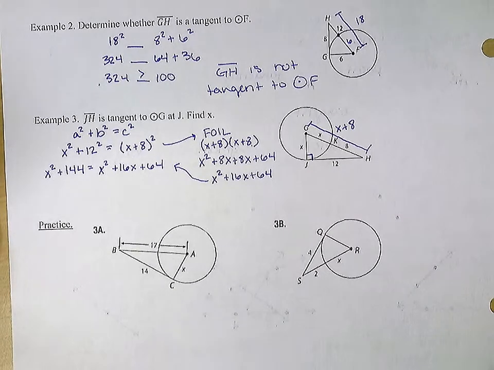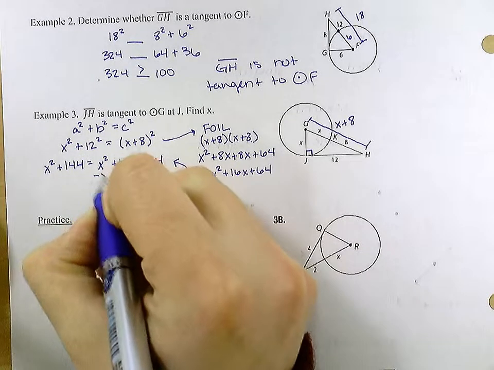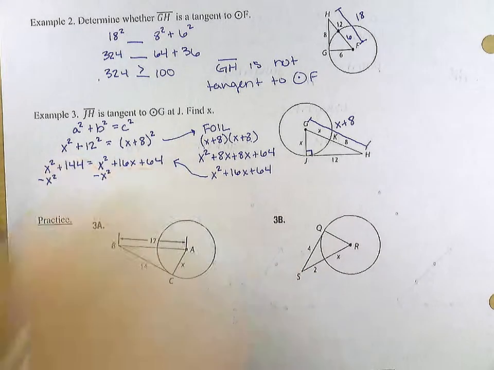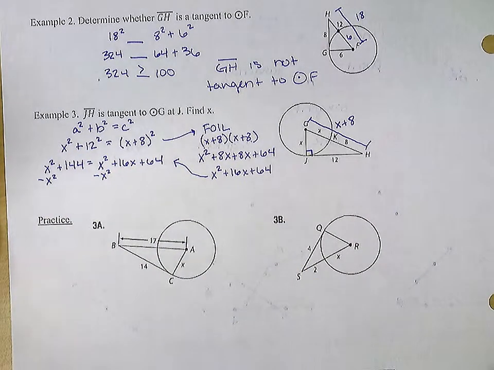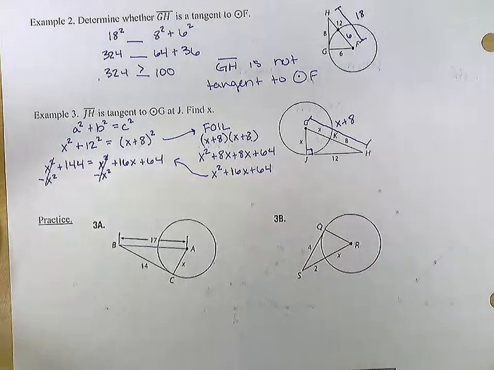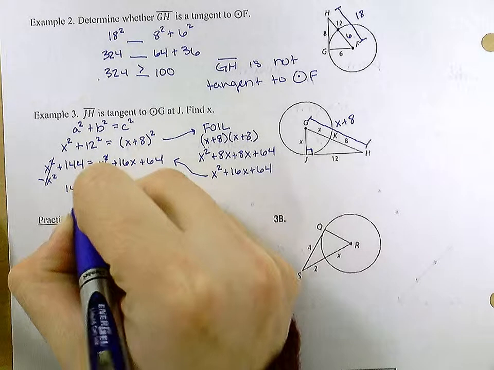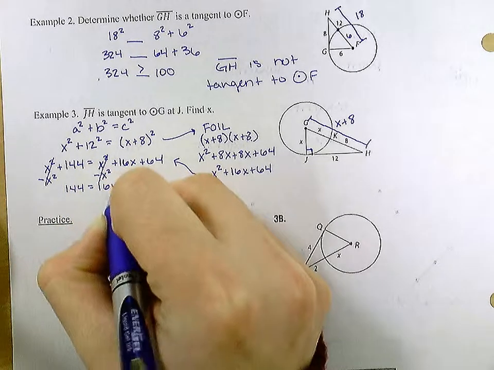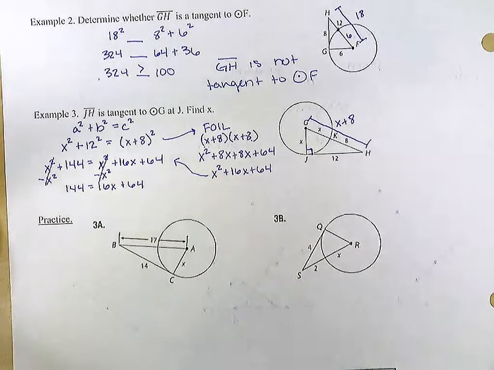All right, so from here, we want all of our x's on one side of the equation. Well, if I start with my x squareds, what happens? They cancel each other out. Okay, so I have 144 is equal to 16x plus 64. From here, I'm just going to keep solving for x.